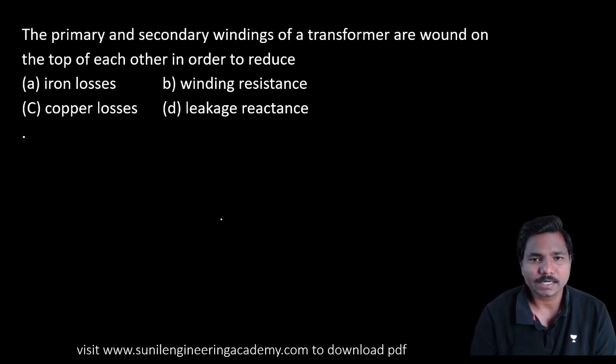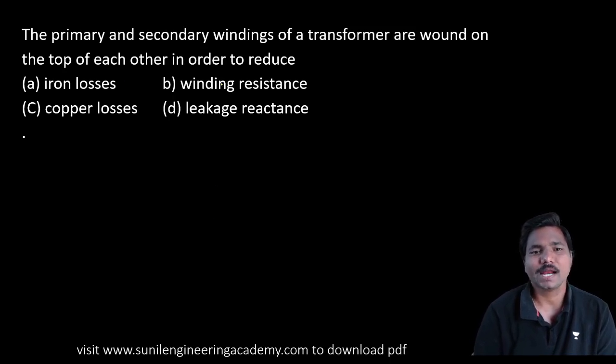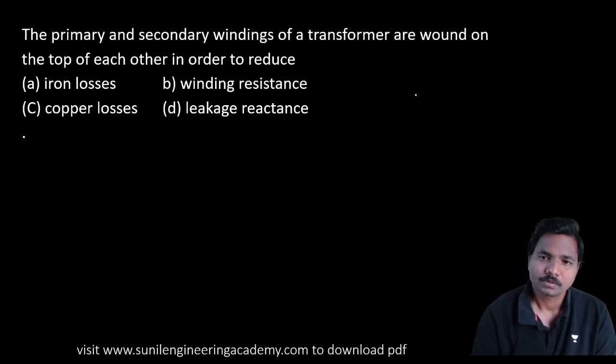The primary and secondary windings of a transformer are wound on top of each other in order to reduce dash. That is the sandwich type of procedure. Why are we using the sandwich type of procedure, LV, insulation, HV, insulation, LV, insulation, HV, like that?